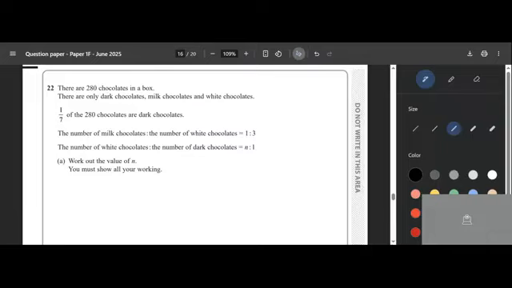There are only dark chocolates, milk chocolates, and white chocolates.